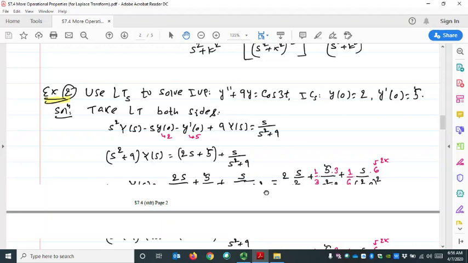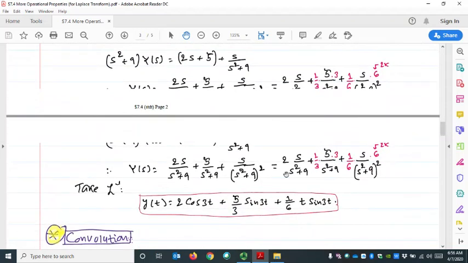Let me scroll down. Yep, that's better here. Then divide both sides by s squared plus 9. So capital Y of s equals 2s over s squared plus 9, plus 5 over s squared plus 9, plus s over (s squared plus 9) squared.